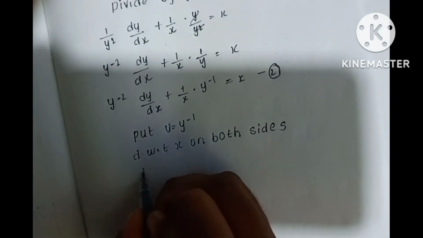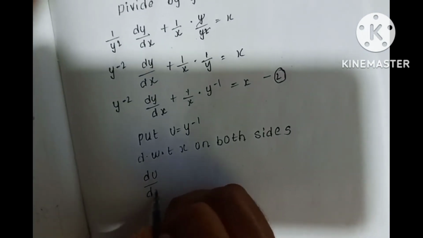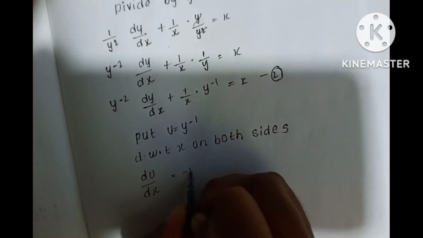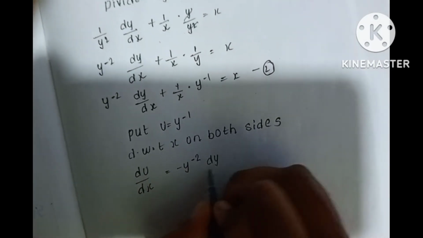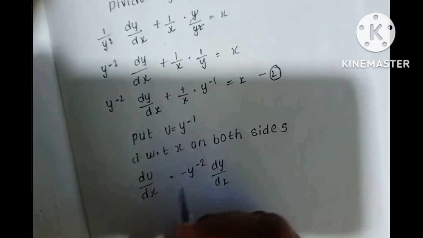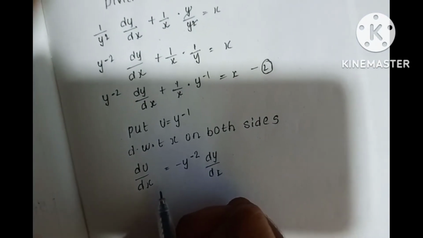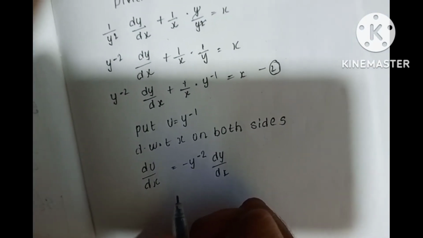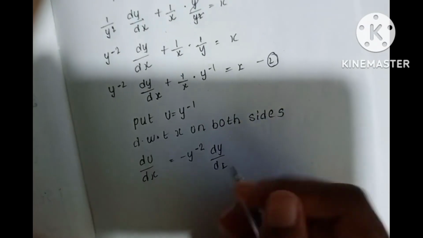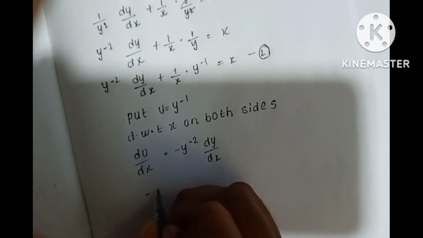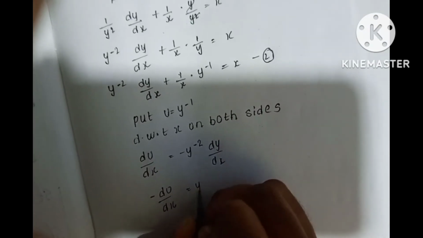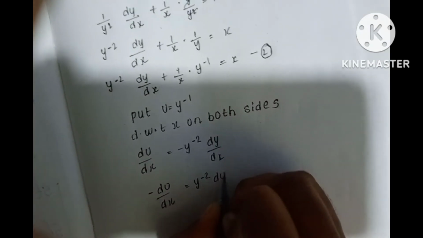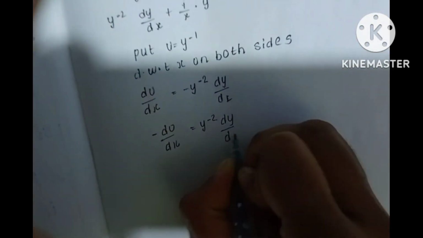The converted du by dx is equal to minus y power minus 2 dy by dx. If I multiply with minus 1, then we get minus du by dx is equal to y power minus 2 dy by dx.